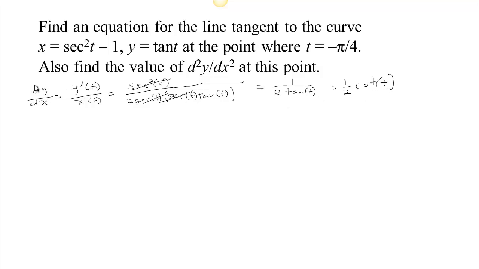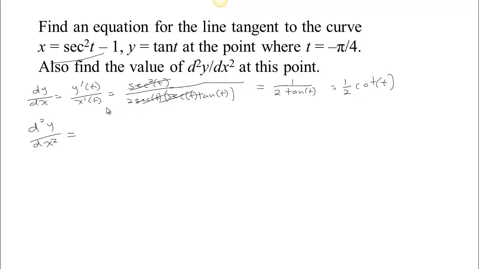Now notice that we have the slope as a function of t. We also have our location along the x-axis as a function of t from this equation. So the formula for d squared y dx squared, the second derivative of y with respect to x, is just to find the slope of this parameterization.